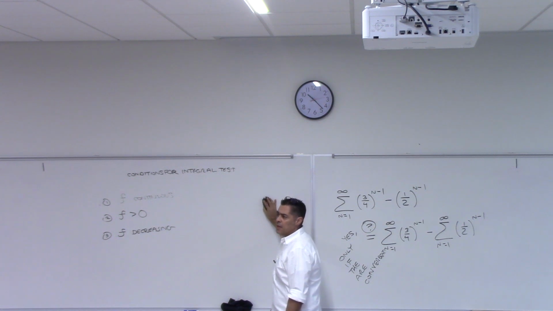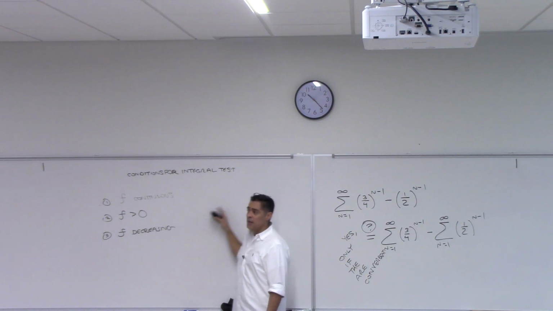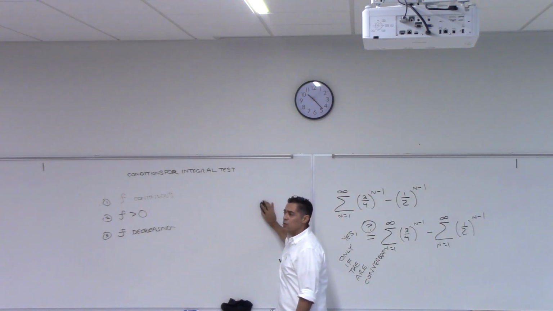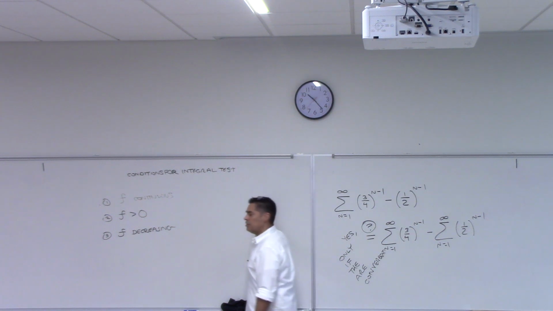Then you have to show me that f is continuous, that f is positive, and that f is decreasing. You have to show me these three conditions are met. After that, you evaluate the improper integral from 1 to infinity, and whatever that does, that's what your series does. So let's do these.